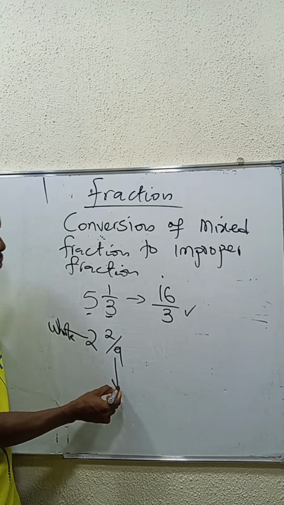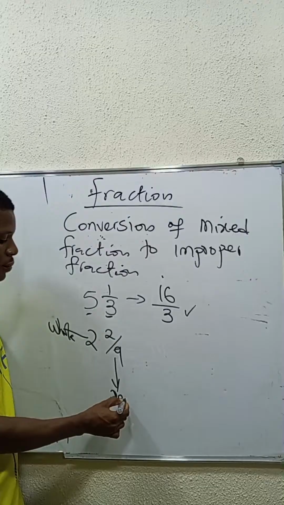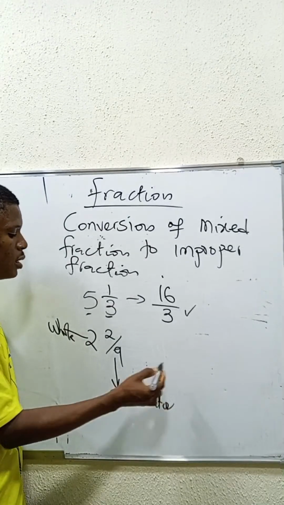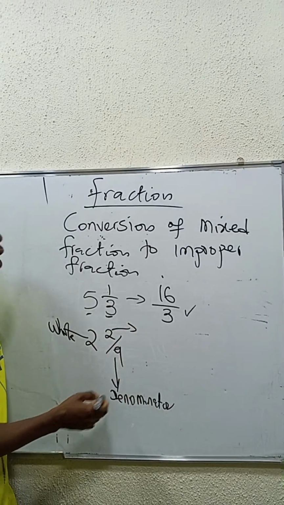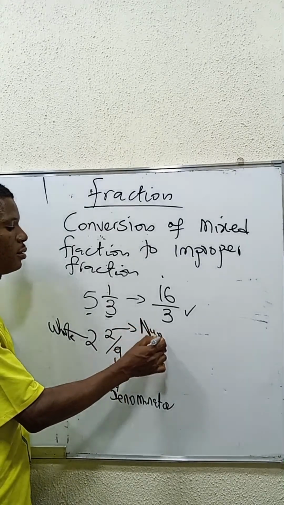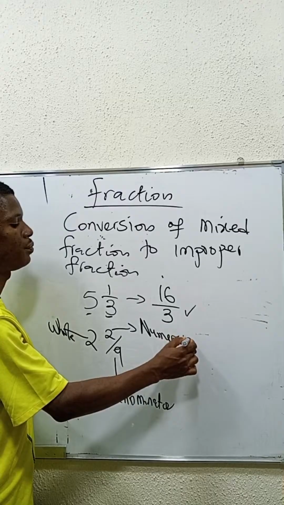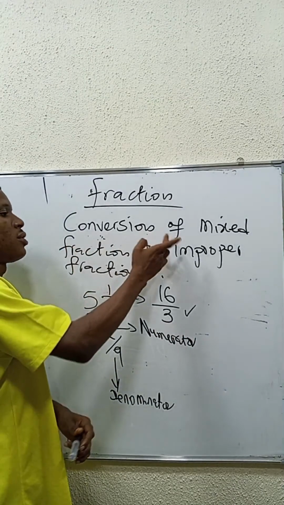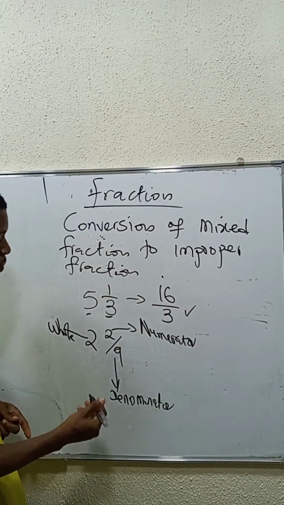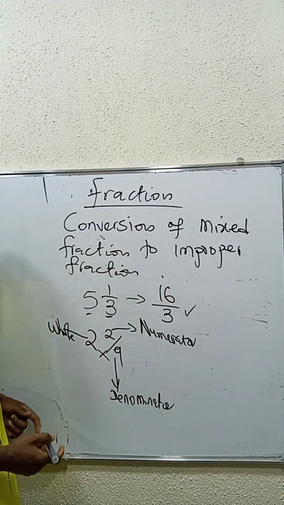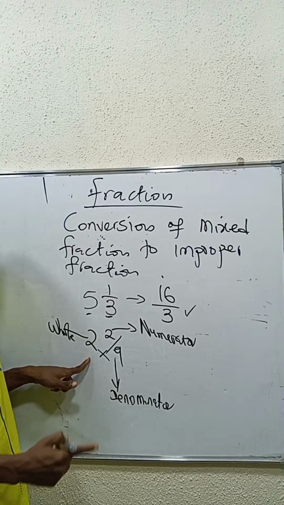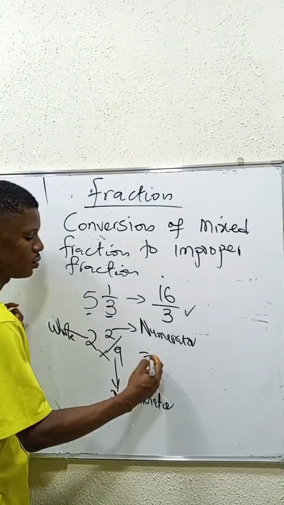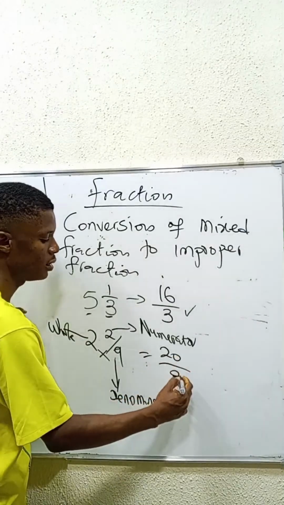The one at the bottom is called the denominator, right? Then the one at the top is called the numerator. So when you are trying to do the conversion from mixed to improper, you multiply the denominator to the whole. So 9 times 2 is 18, right? Then 18 plus 2 is 20. So the answer is 20 over 9.